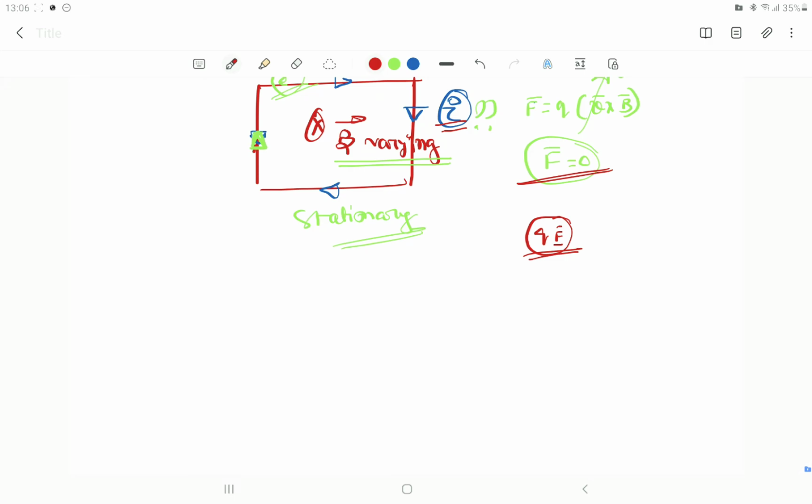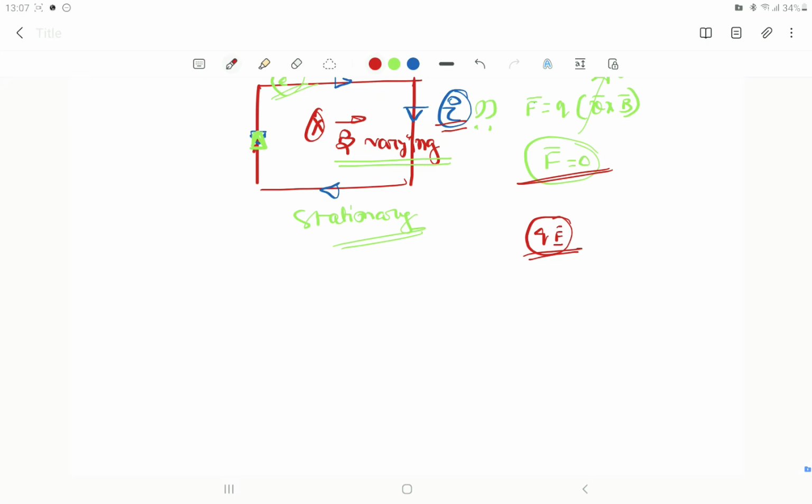So now we are going to dive deep into this thing. What's really happening? For this we will need some equations. I think you have learned about the Maxwell equations. Maxwell assumed that a magnetic field varying with time leads to the appearance of an electric field in space, and it's regardless of the conducting loop.